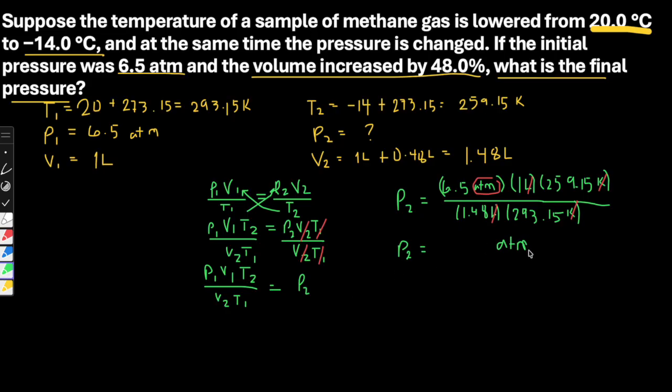Okay, so if you solve this in your calculator, that's 6.5 times 1 times 259.15, and then divide your answer by 1.48, and then divide it further by 293.15, you will get approximately 3.88 atm. And this is the final answer to the question.